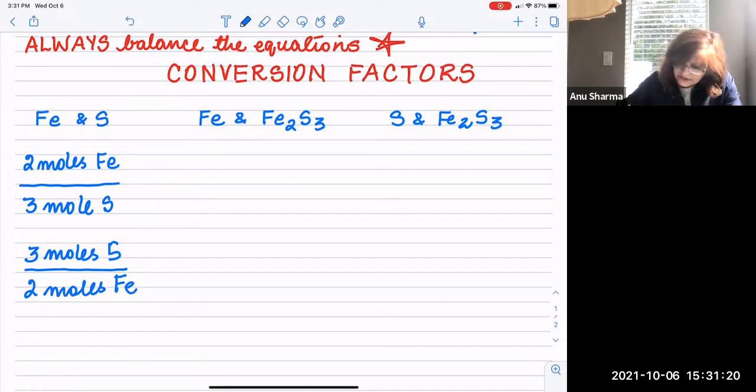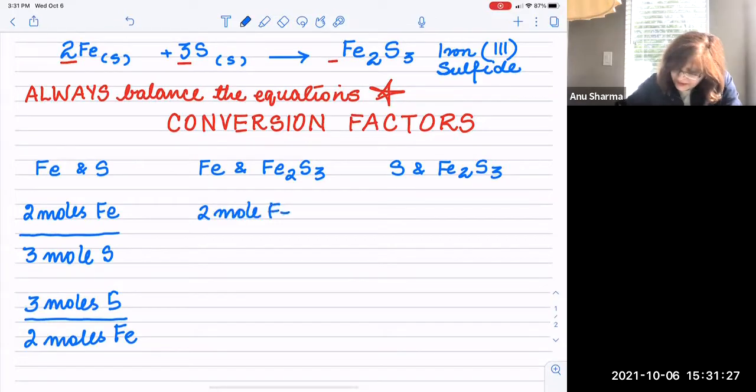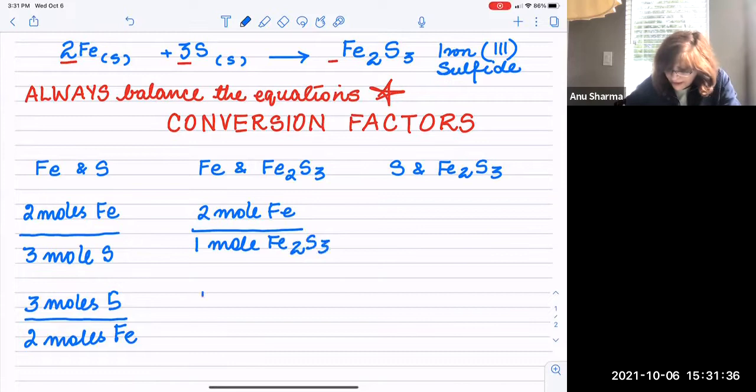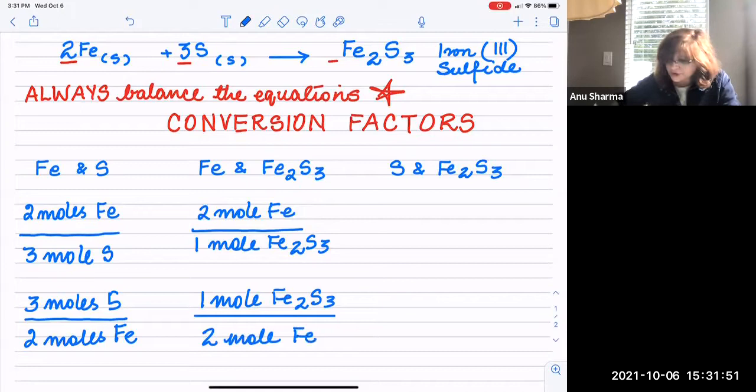Here we see that 2 moles of iron are producing 1 mole of Fe2S3, or 1 mole of Fe2S3 is produced when 2 moles of iron react. These are the conversion factors.